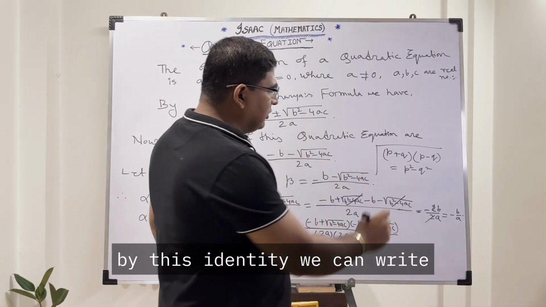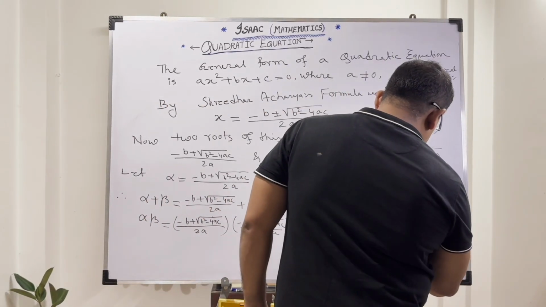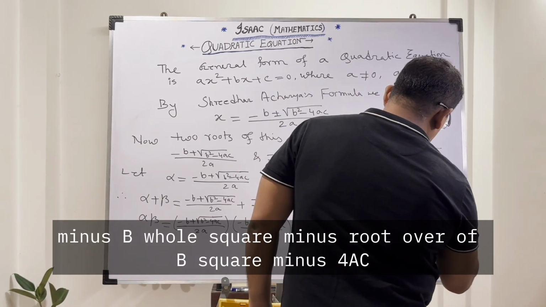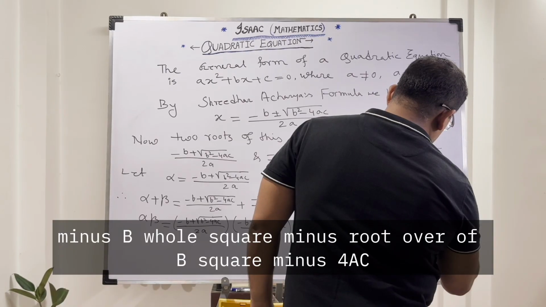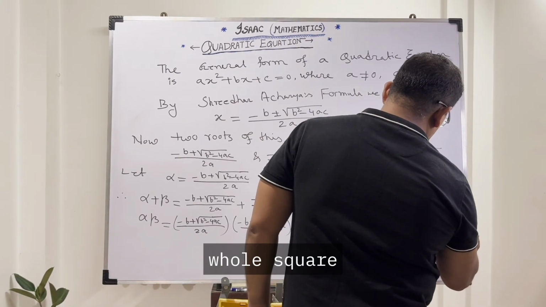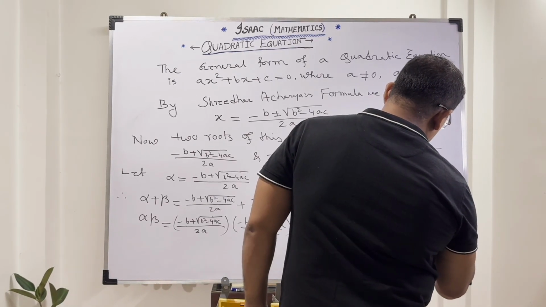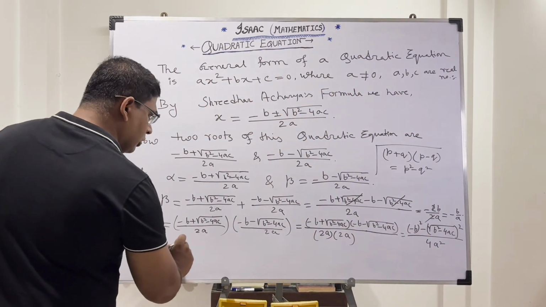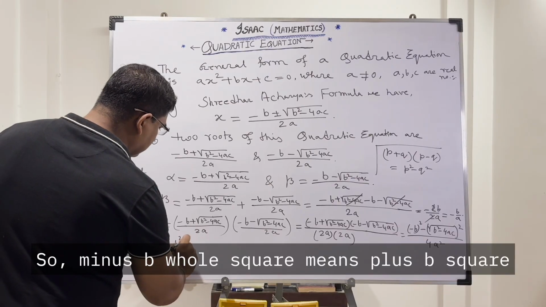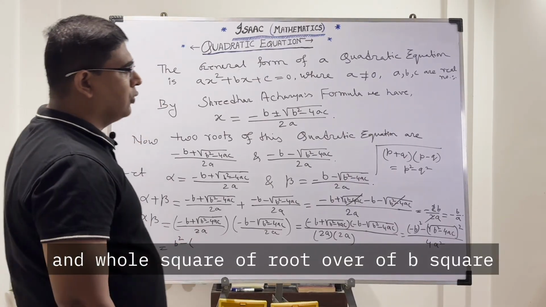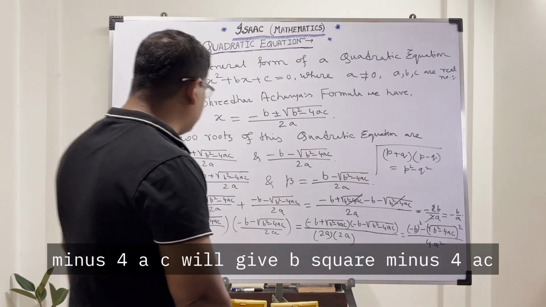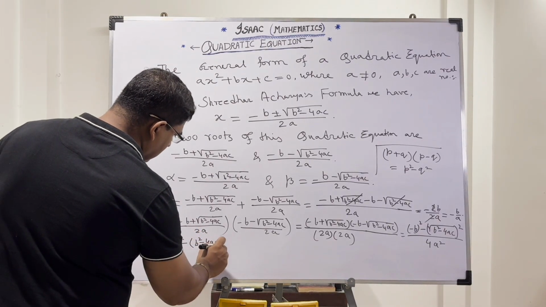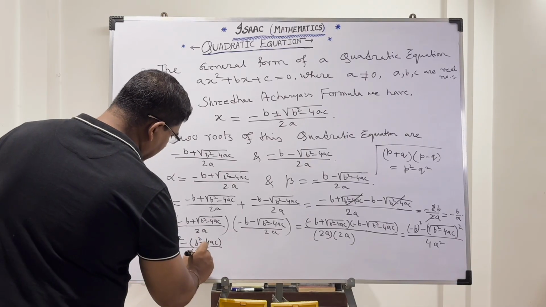So by this identity we can write minus b whole square minus root over of b square minus 4ac whole square, and in the denominator 4a square. So minus b whole square means plus b square, and whole square of root over of b square minus 4ac will give b square minus 4ac, whole divided by 4a square.